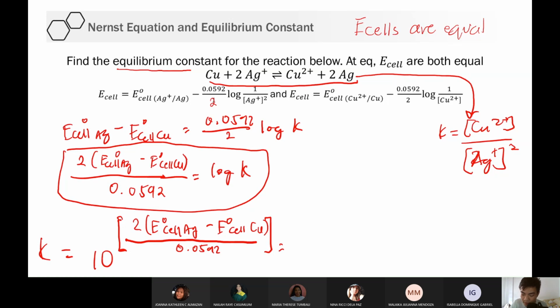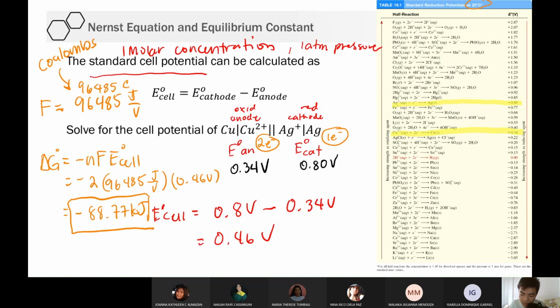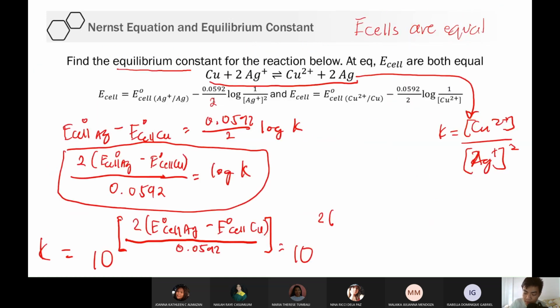Okay? So, plug in natin, that's 10 raised to 2 times, yung E cell Ag. Ano nga ba? Given to kanina, di ba? I think yung Ag ay... Ayan, so Ag is 0.80. Given na naman to, 0.8 minus yung kay copper, 0.34 divided by 0.0592.